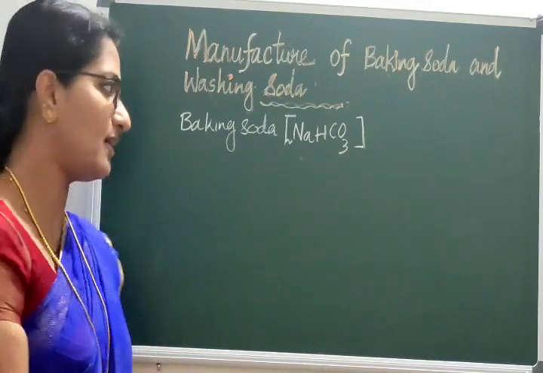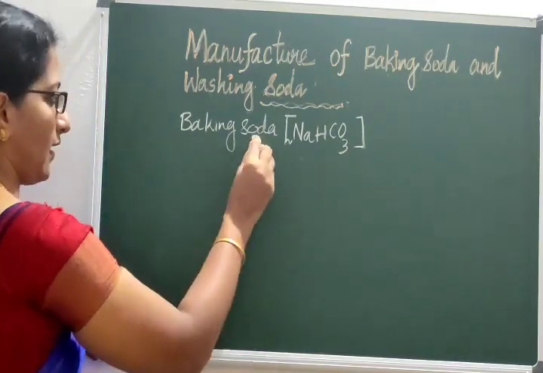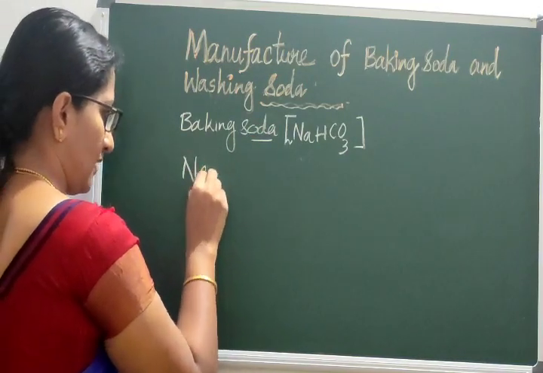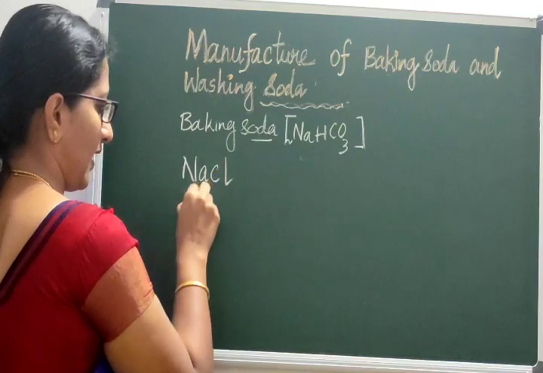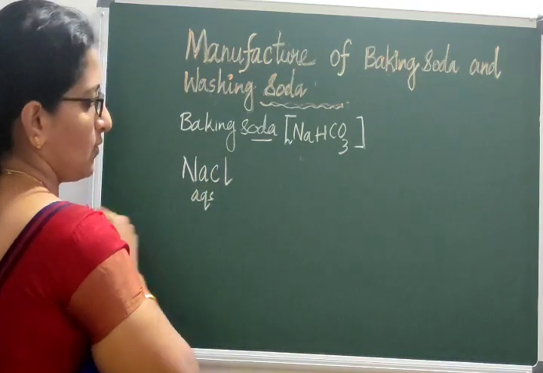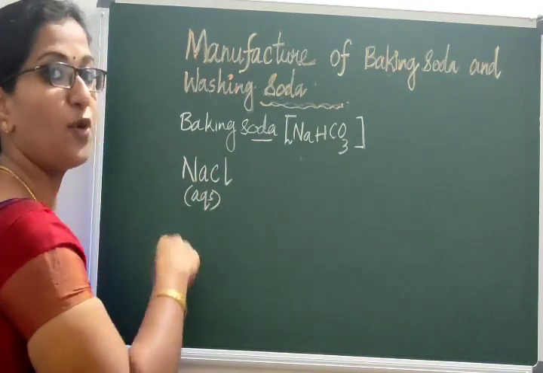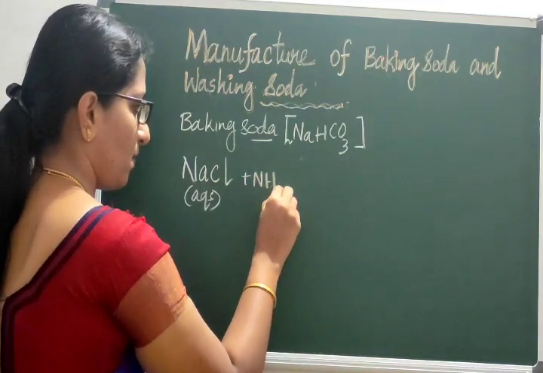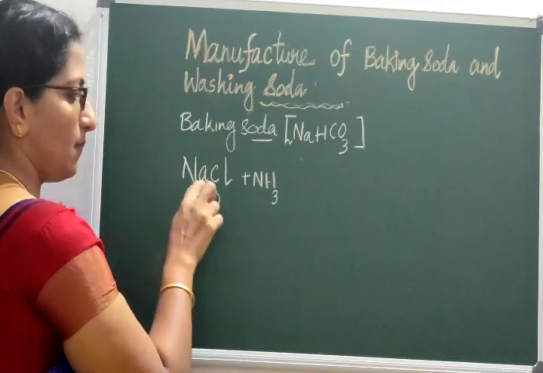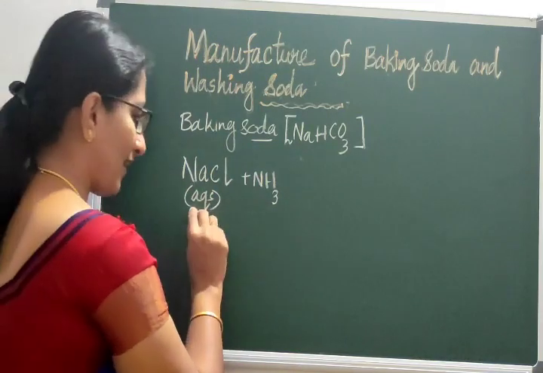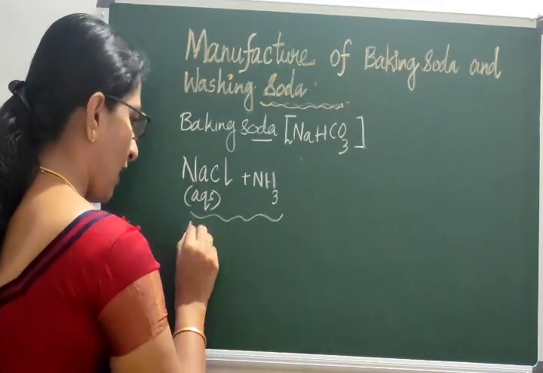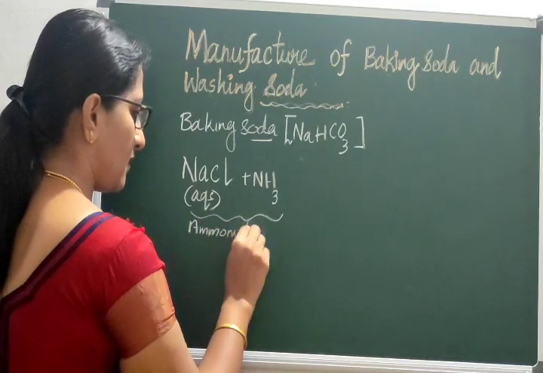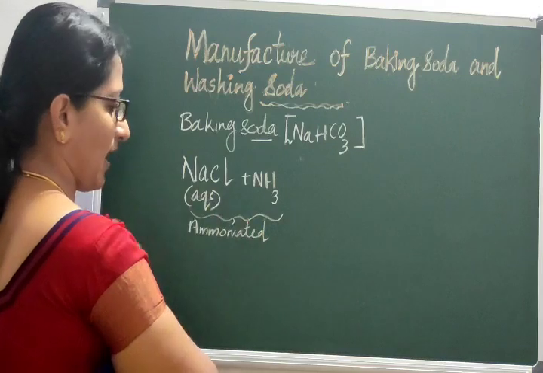Now let's study the procedure of preparation of baking soda. To the brine solution, means aqueous sodium chloride, you have to bubble ammonia. When you bubble ammonia gas to the brine solution, you will get ammoniated brine. Ammoniated means the mixture of ammonia and brine solution.